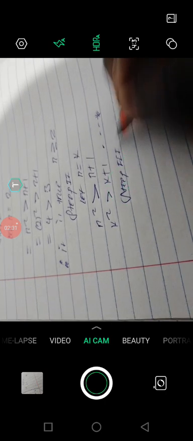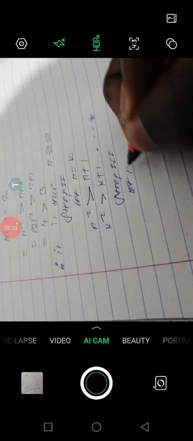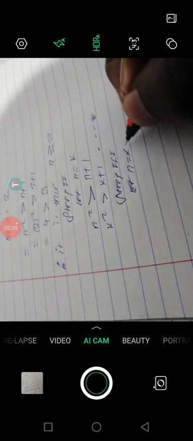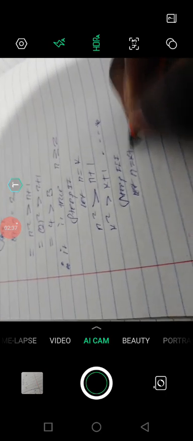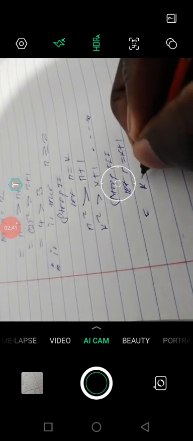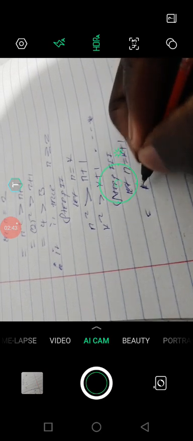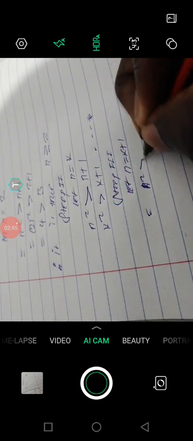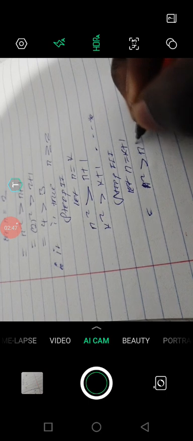So go ahead, step 3. Say let n equal k plus 1. Then get the same equation, n squared is greater than n plus 1.